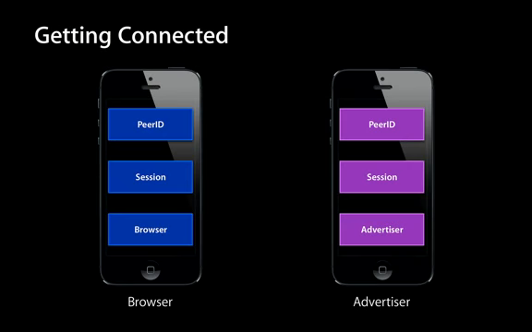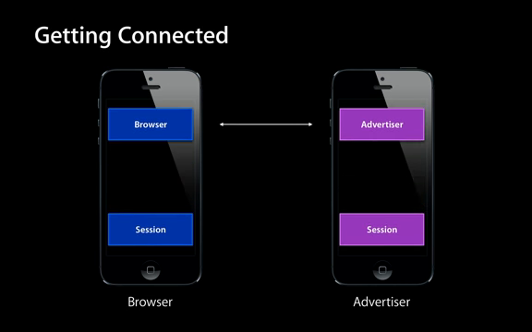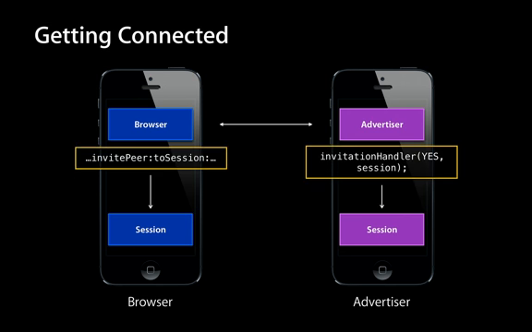So again, let's take a look at how you arrive at the point where two session objects are connected with each other if you choose to do programmatic discovery. As peers get found and lost, browser and advertiser communicate with each other. The browser's session object is notified of which peer you want to connect to when you call the invitePeer toSession method.